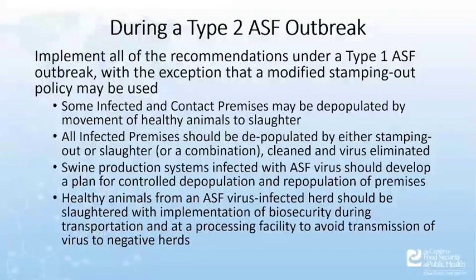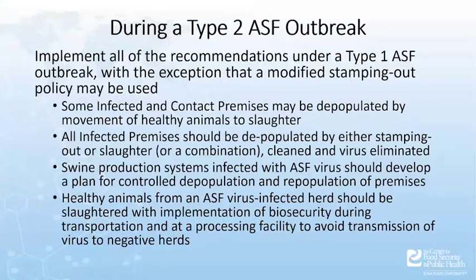And in a type 2 outbreak, we would want to implement all of the recommendations under a type 1 outbreak, with the exception that a modified stamping out policy may be used. Some infected and contact premises may be depopulated by movement of healthy animals to slaughter. All infected premises should be depopulated by either stamping out or slaughter or a combination, cleaned and virus eliminated.